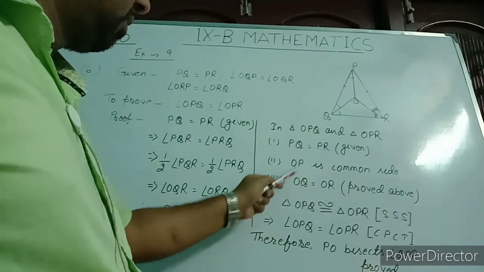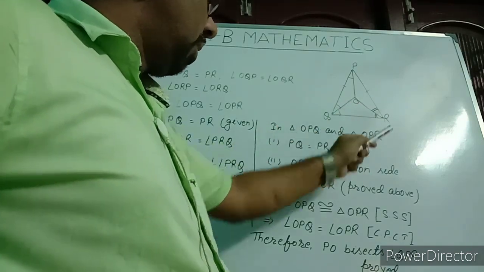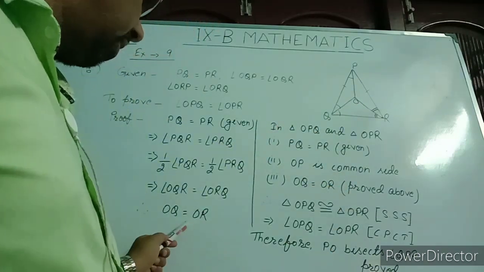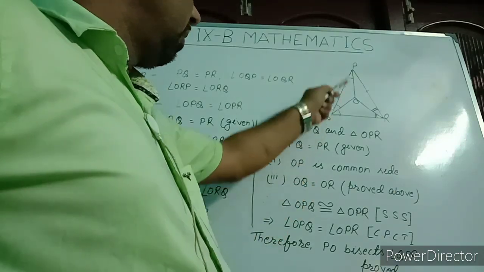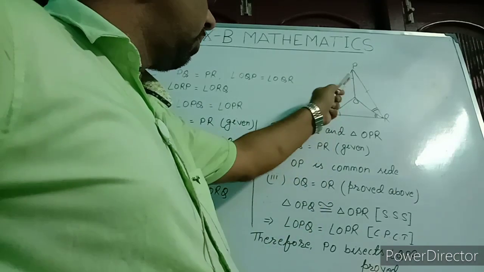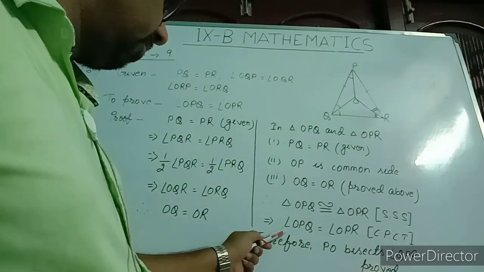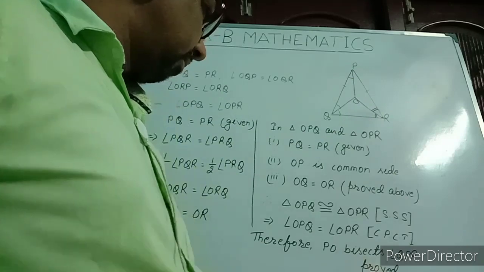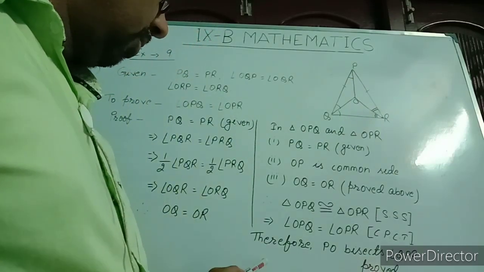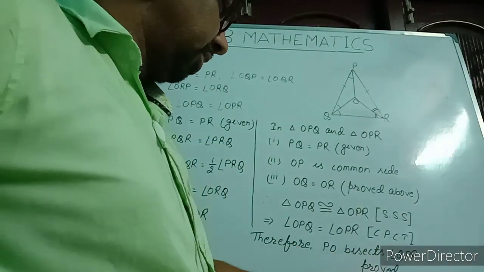And third condition, OQ equals OR. That is proved above. Therefore, triangle OPQ is congruent to triangle OPR. So from CPCT we can say angle OPQ equals angle OPR. Therefore, PO bisects angle QPR, proved.